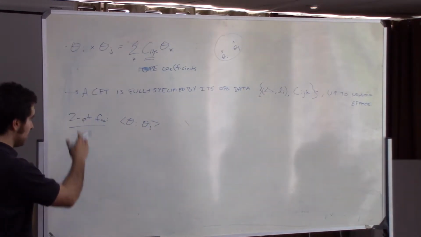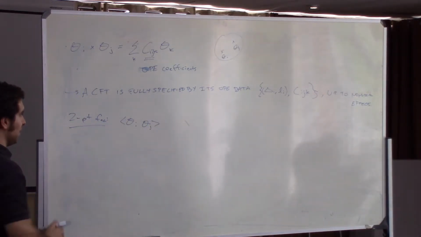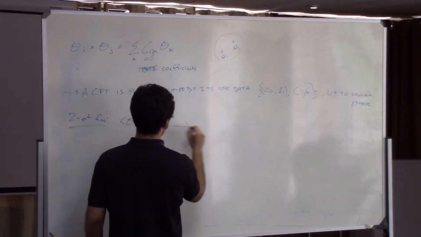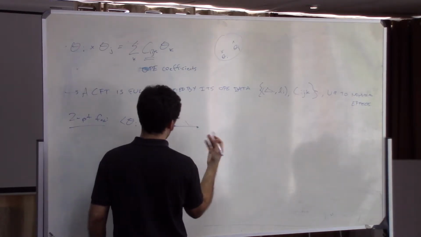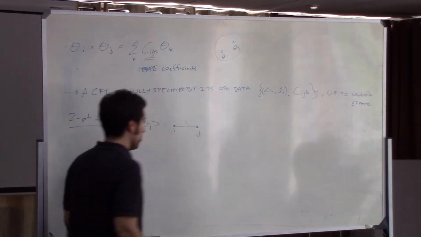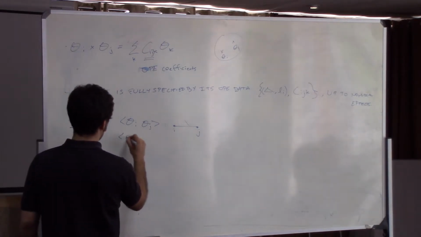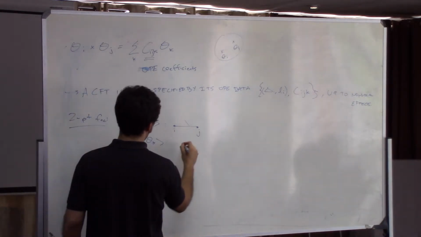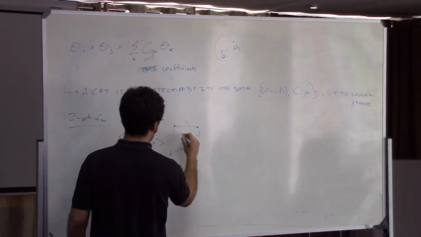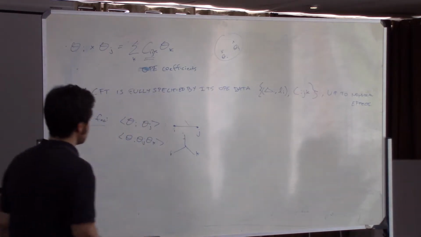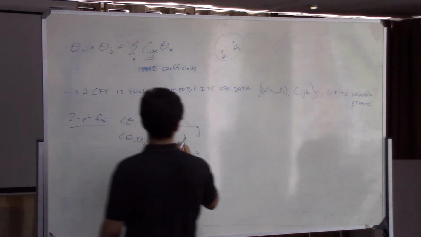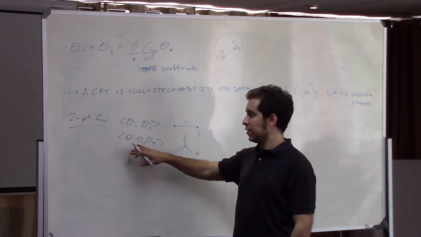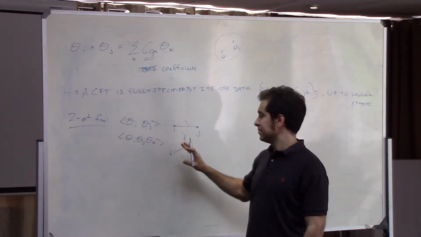I'll be more precise about coordinate dependence and actual equations soon, but schematically, we can draw this as a kind of propagator, if you like, between two operators I and J. A 3-point function will be represented by some trivalent vertex, and this is just parameterized by a single constant, C_IJK, which would appear in the OPE of O_I and O_J in front of O_K.